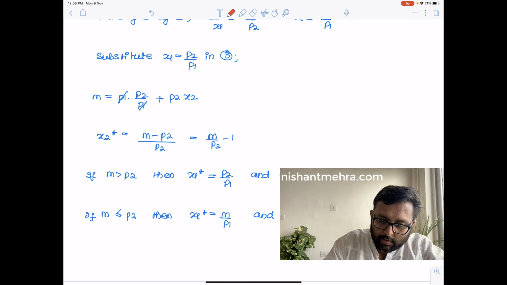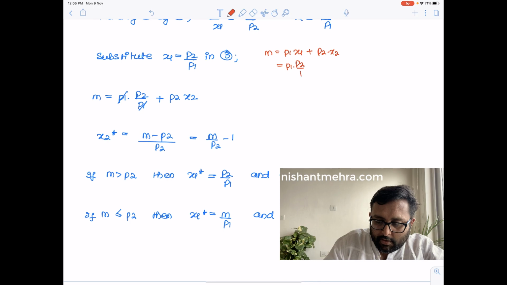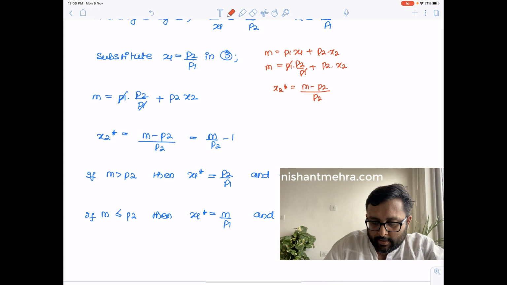So m equals p1 x1 plus p2 x2. Well, x1 is p2 by p1. x2 you just have to find out. So x2 star comes out to be m minus p2 whole upon p2, right?